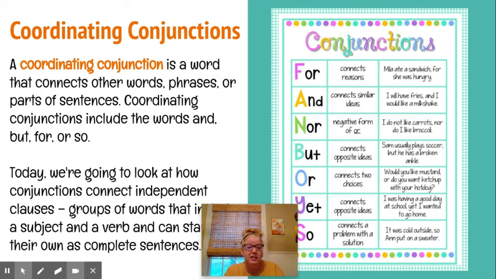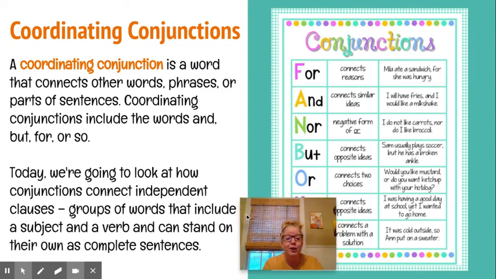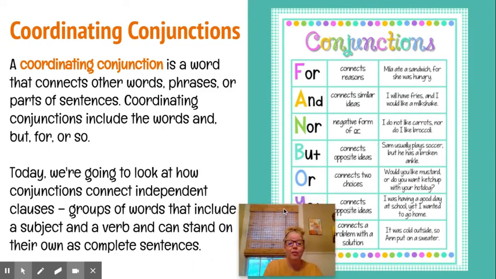Coordinating conjunctions include the words and, but, for, or, so. Today, we're going to look at how conjunctions connect independent clauses, groups of words that include a subject and a verb, and that can stand on their own as complete sentences.